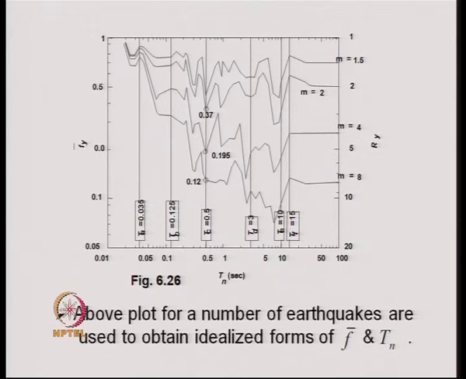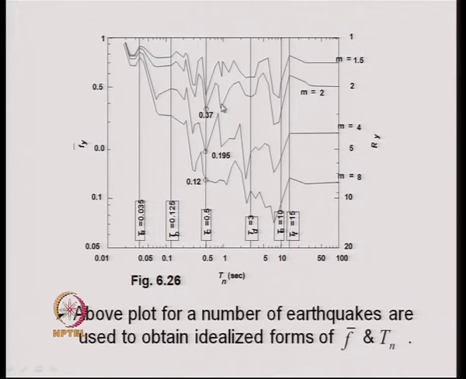The velocity in the inelastic spectrum will be x y multiplied by omega n, and the inelastic acceleration response spectrum will be equal to omega n square multiplied by x y or d y. So, that is how we finally plot the inelastic spectrums for given values of mu.